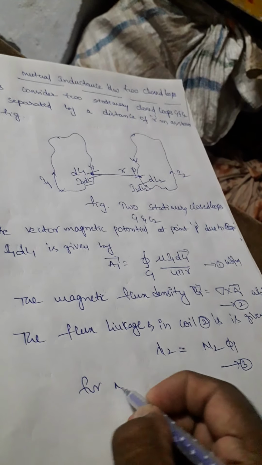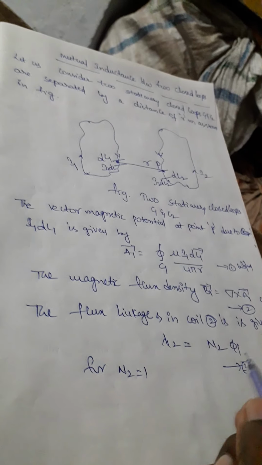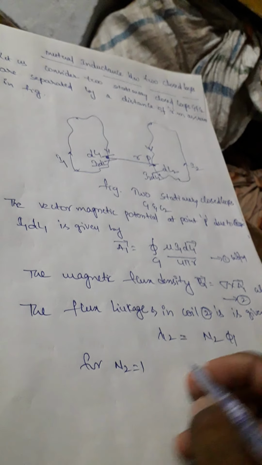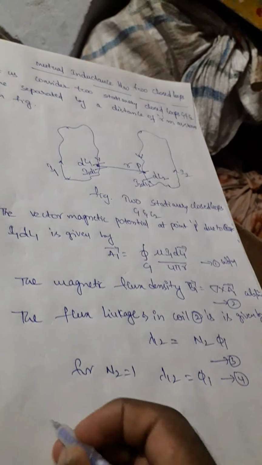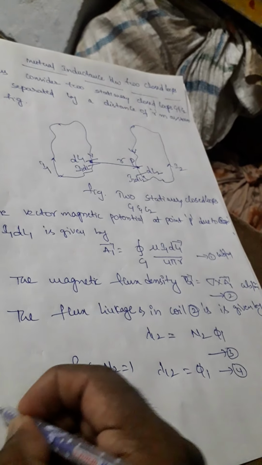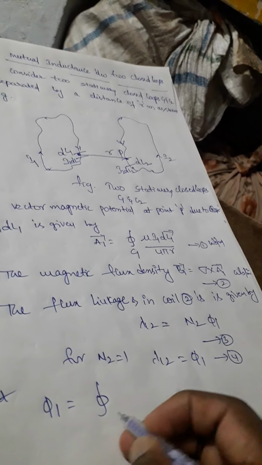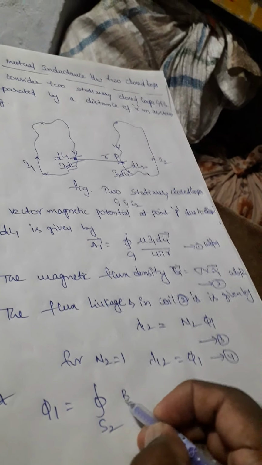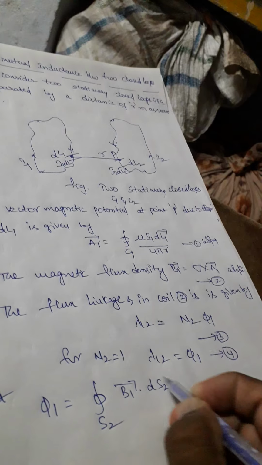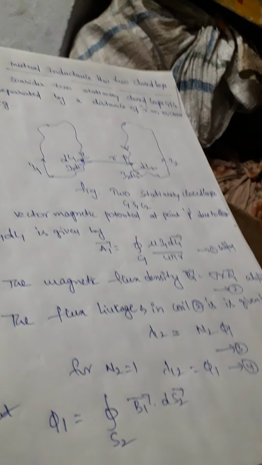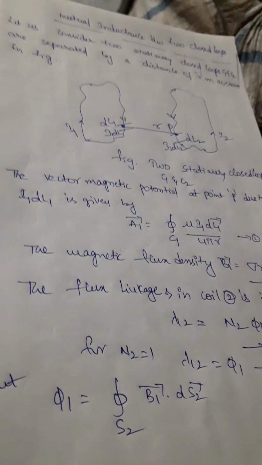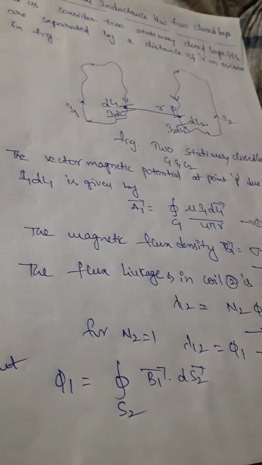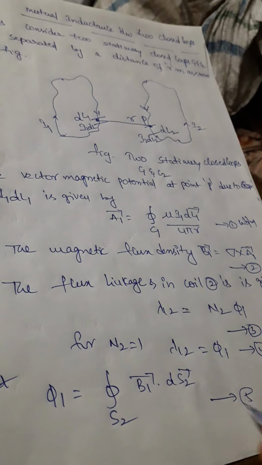For n2 equal to 1, lambda 12 is equal to phi1. So phi1 is equal to the surface integral over S2 of B1 bar dot ds2 bar. The flux linkage is in coil 2, that's why it is S2, and the area is also S2, but the flux of coil 1 links coil 2, that's why B1 bar. Which is equation number 5.